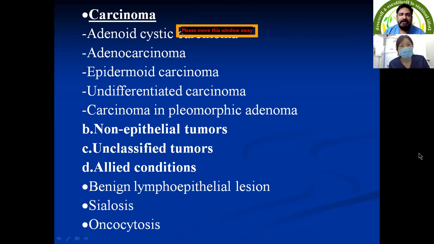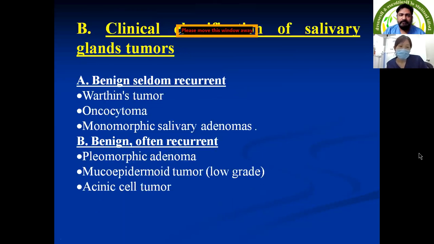In carcinoma, there is adenoid cystic carcinoma, ACC, then adenocarcinoma, epidermoid carcinoma, undifferentiated carcinoma, and carcinoma of the pleomorphic adenoma, meaning pleomorphic adenoma again tends to become malignant. Then the non-epithelial tumors, unclassified tumors, and allied conditions: benign lymphoid lesions, sialolithiasis, and oncocytosis.